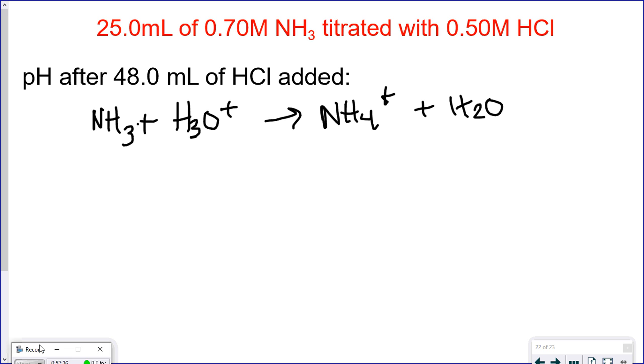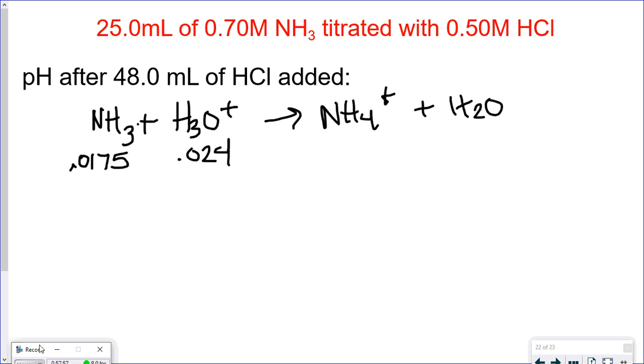Remember, we started with 0.0175 moles of our base. For moles of our acid, if we have 0.5 molar times the 48 milliliters, that will be 0.024 moles of our acid.